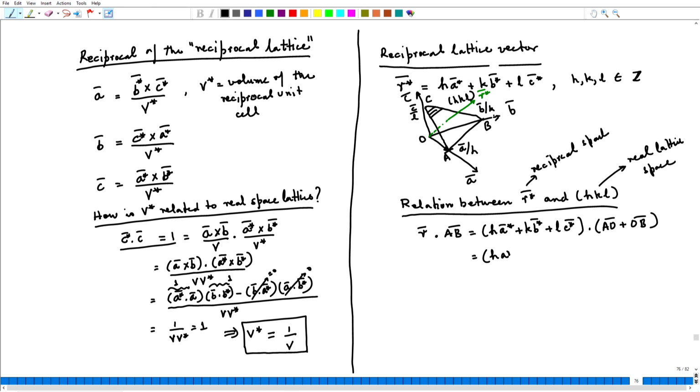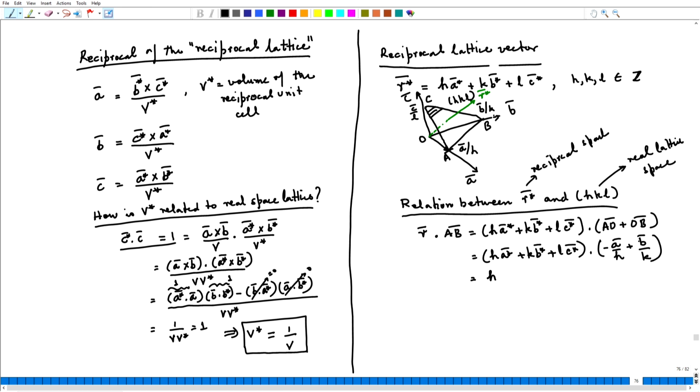Further, H A star plus K B star plus L C star dotted with, let me replace AO with minus A by H from the figure, and the vector OB would simply be B by K. Let us take the dot product between the two. I can take the dot product with the individual vectors in the two brackets.